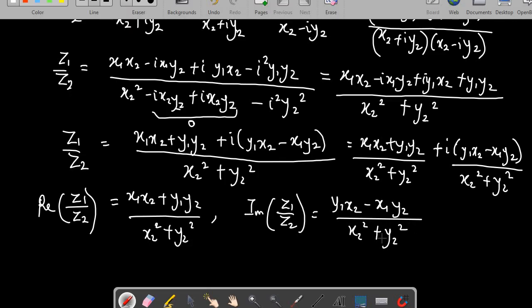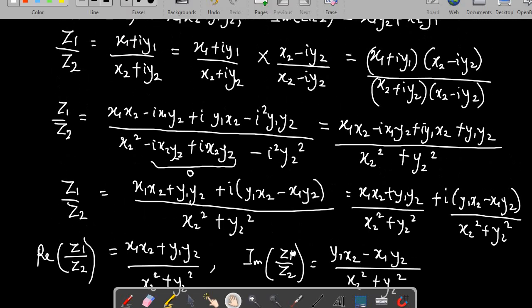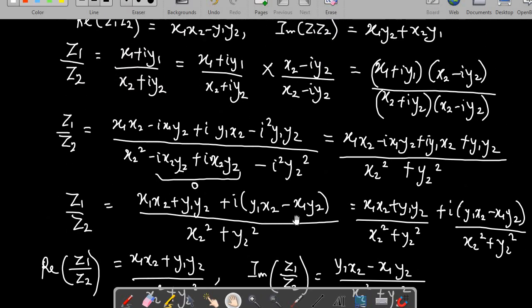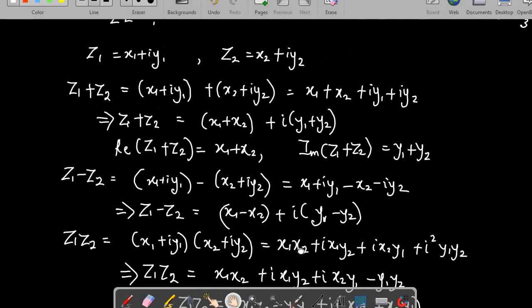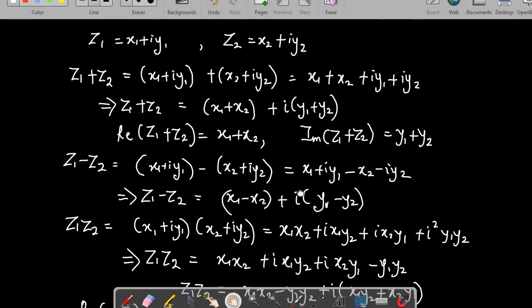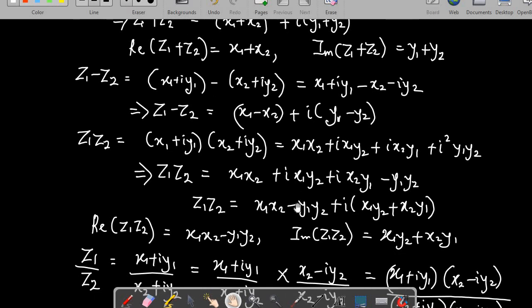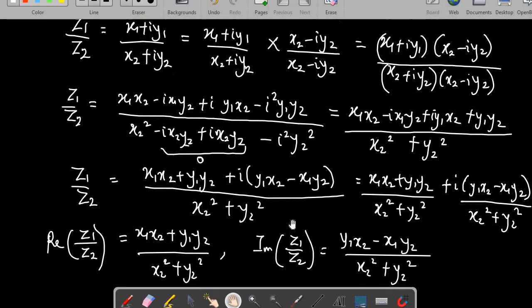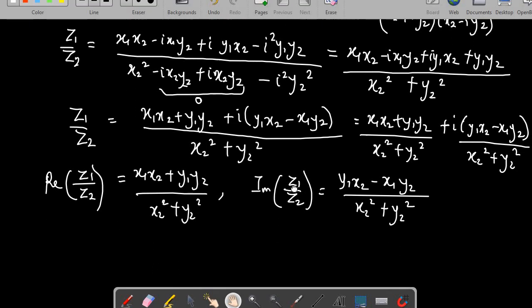All right, I hope things are not getting too intense here. What I've done so far is just all the algebra of complex numbers. Okay, we have been able to see how complex numbers can be added, complex numbers can be subtracted, complex numbers can be multiplied, complex numbers can be divided. So this forms the basis of the algebra of complex numbers.